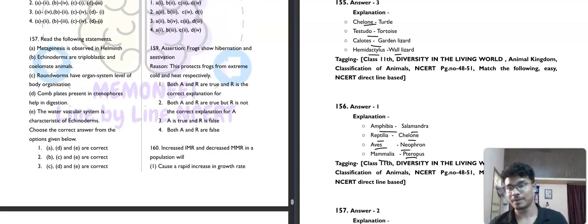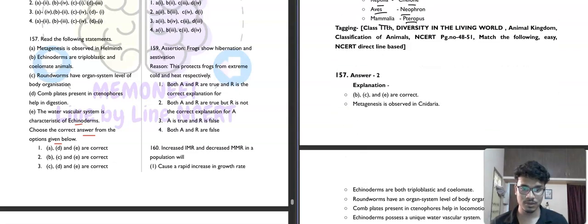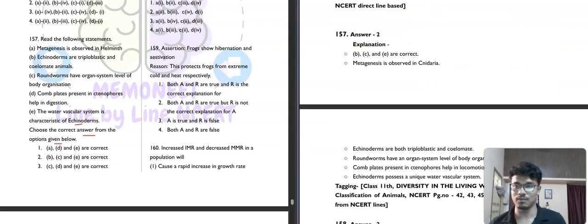Then question number 157. Read the following statements and choose the correct answer from the given options. Metagenesis is observed in helminths. This is not correct. Metagenesis is not observed in helminths. Then echinoderms are triploblastic and coelomate animals. Yes, this is correct.